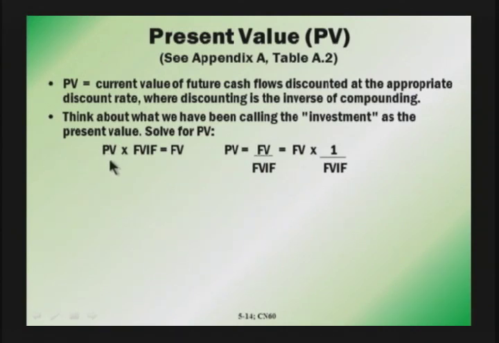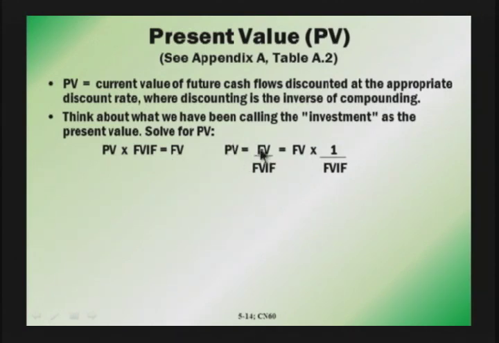So thus far, we were calculating future value by taking the present value times the future value interest factor, and that gave us that future value. The future value interest factor was 1 plus r to the tth power. Based upon this formula, we could solve for present value by simply dividing each side of the equation by that future value interest factor.